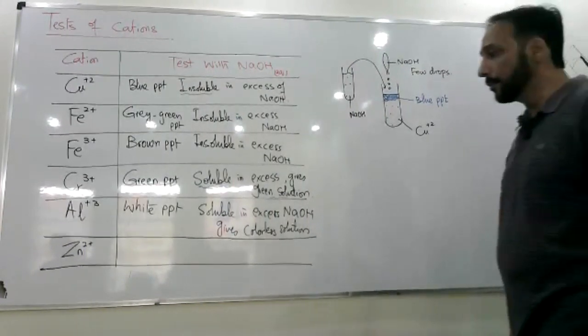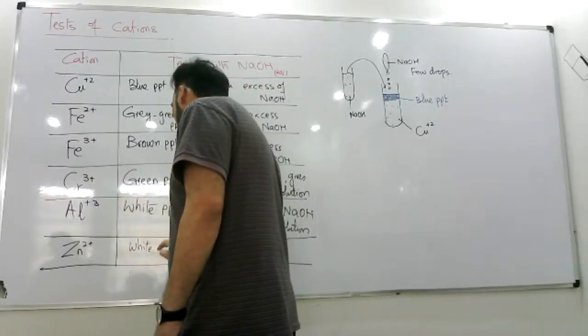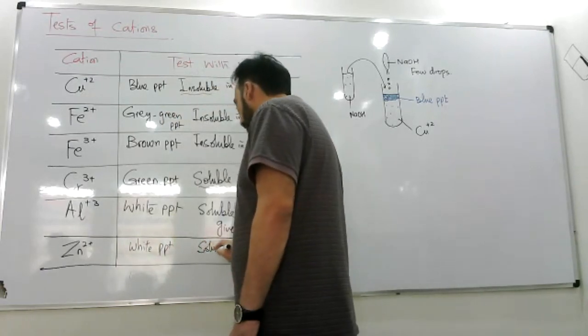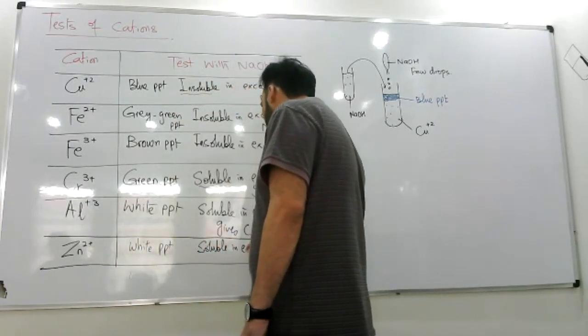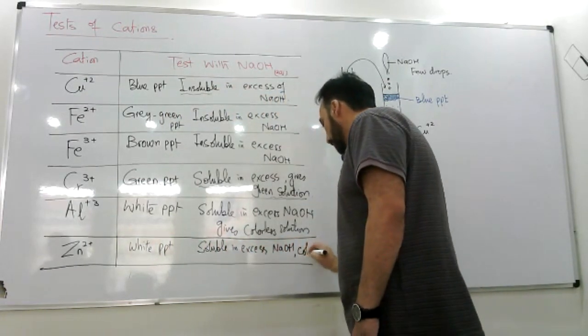So zinc is similar to aluminum, that's also white precipitate. And that also is soluble in NaOH and eventually forms colorless solution.